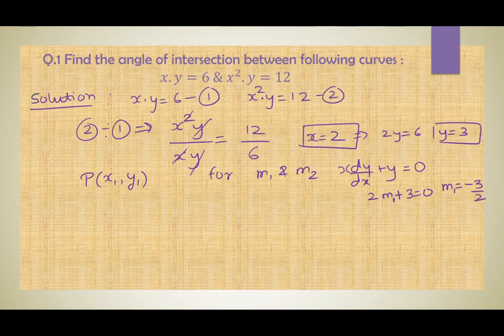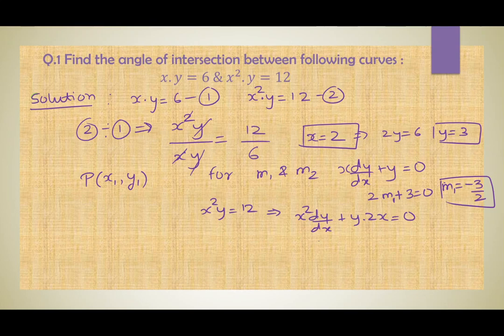Then for m2, this is for m1, you have this value. For m2, let us consider x square y equal to 12. Let us differentiate this. Again, you'll have to apply the product rule. So x square dy by dx plus y into 2x is equal to 0. Now let us substitute the point of contact in this.